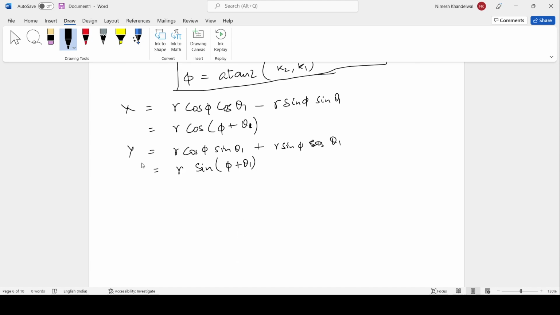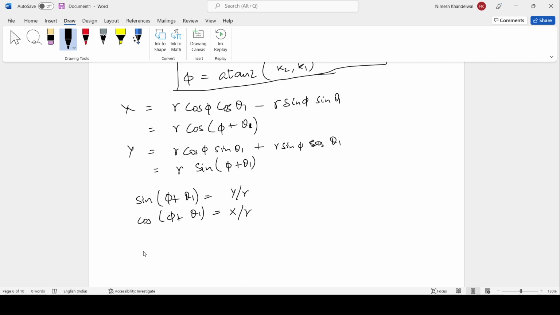Now you can see that sine of phi plus theta 1 is y over r, and cos of phi plus theta 1 is x over r.